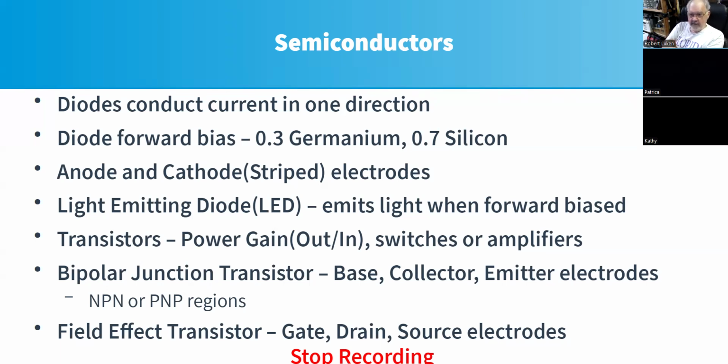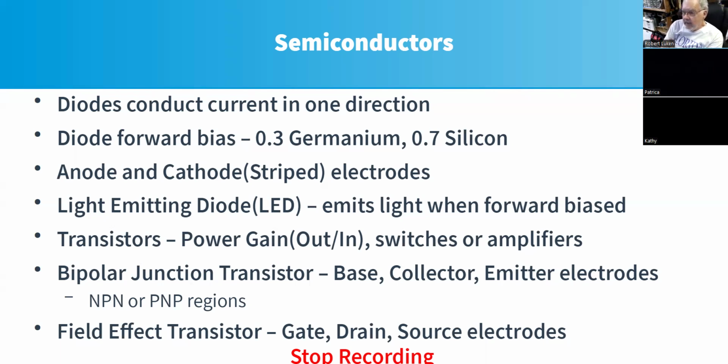There are two fundamental types of transistor. The bipolar junction transistor is kind of like the diode, just a sandwich of those three pieces of semiconductor. We call the electrodes that are attached the base, collector, and emitter.